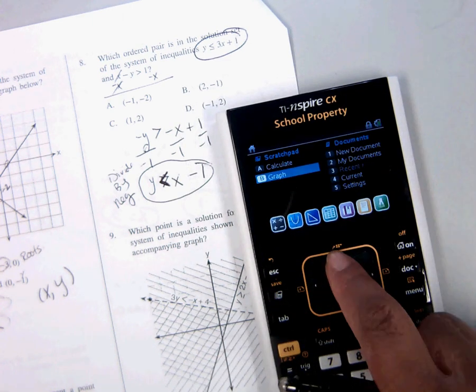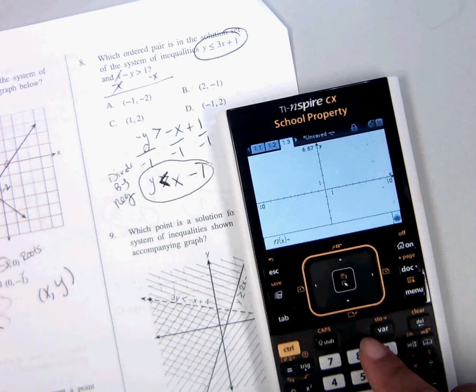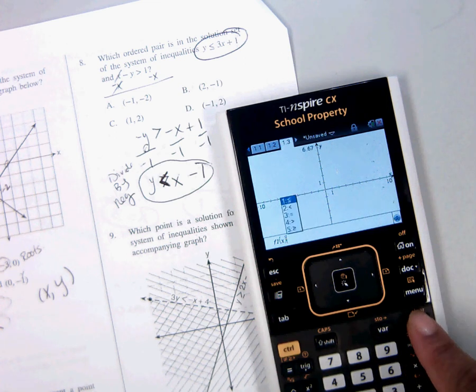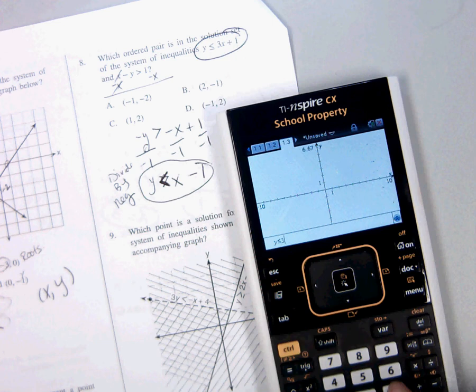So I need a graph, so let's go there. And I'm going to delete the equal sign, 3x plus 1. Okay, I need a less than or equal to 3x plus 1.